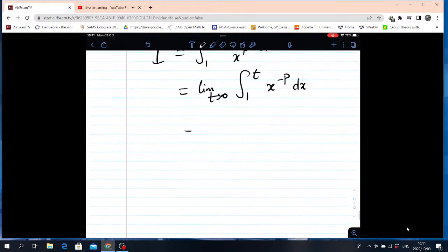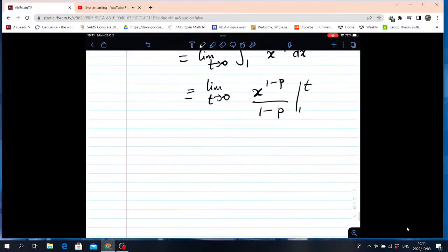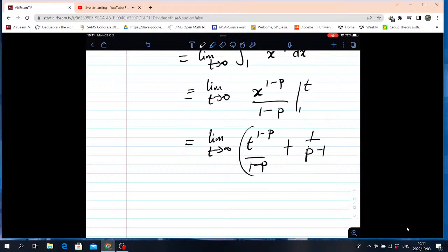Again, we do the same integration that we did in the previous case. Then we end up with the limit as t tends to infinity of t to the 1 minus p over 1 minus p, plus 1 over p minus 1, right?